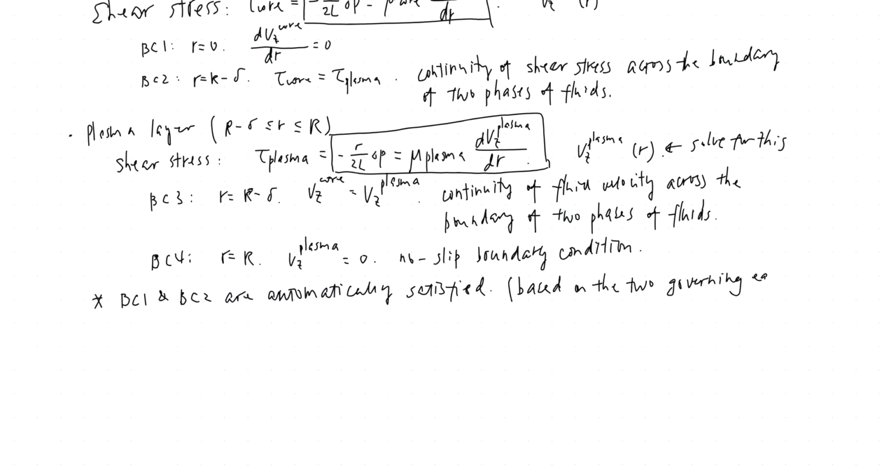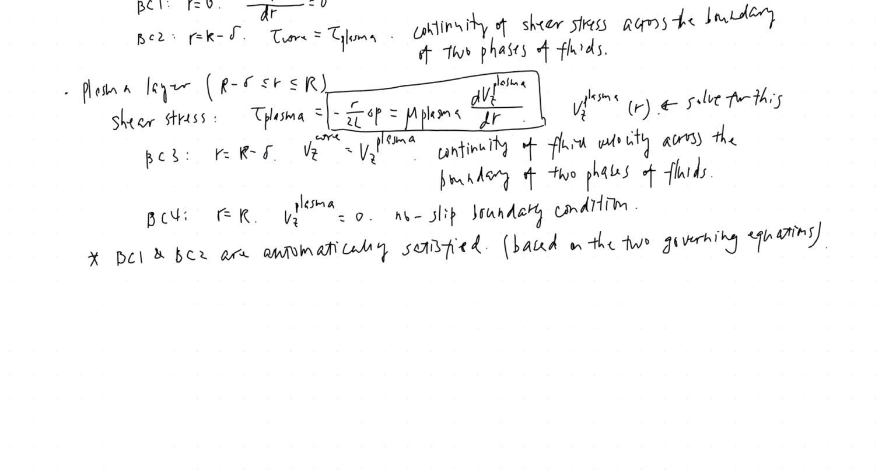I suggest you verify this on your own. It's important to recognize this, and it's a good exercise to practice looking at the equations and the boundary conditions. So basically, you don't need boundary condition 1 and boundary condition 2 as long as you follow these 2 equations in the boxes. So let's solve for the velocity profile.